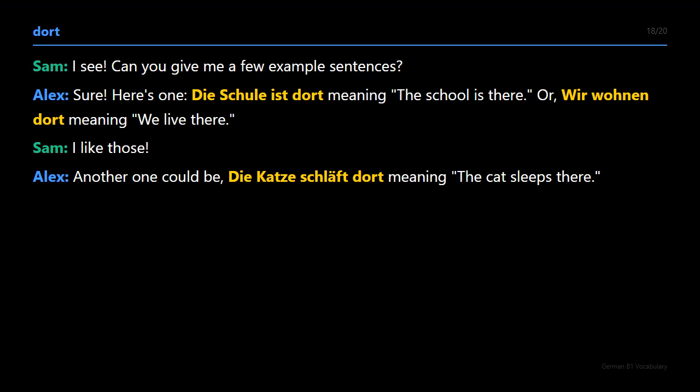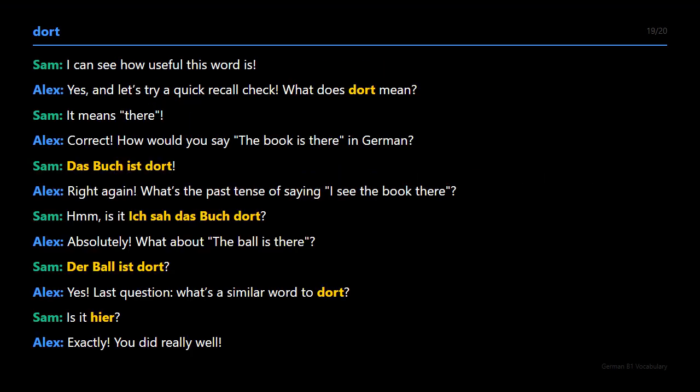Or, Wir wohnen dort, meaning we live there. I like those. Another one could be, Die Katze schläft dort, meaning the cat sleeps there. I can see how useful this word is.